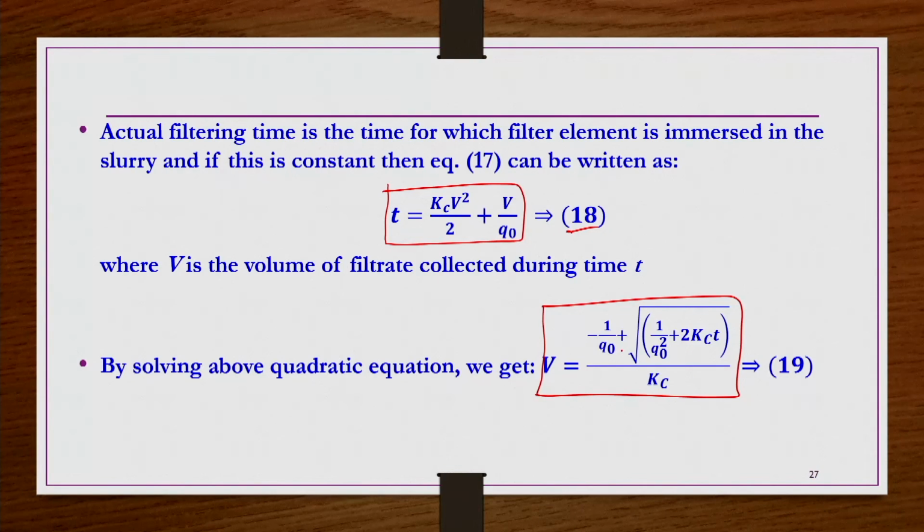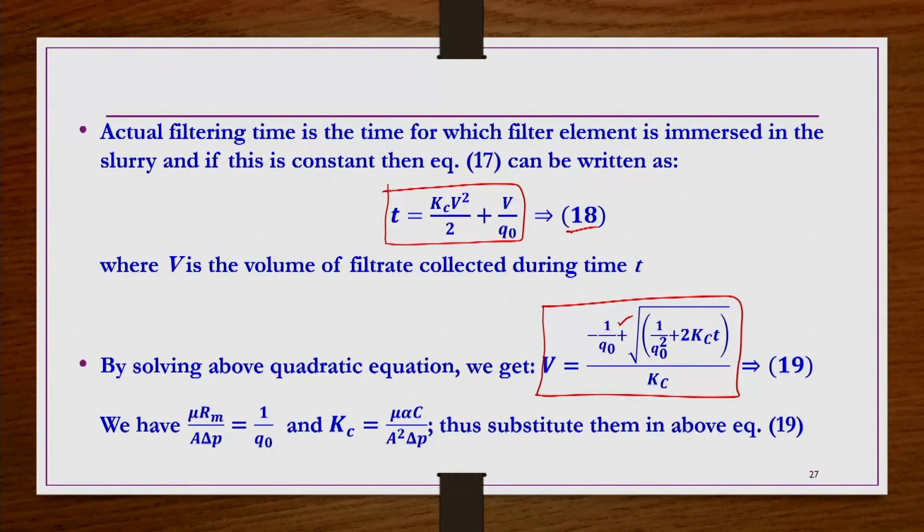This should be plus or minus as per the solution method, but we cannot have a negative volume of filtrate, so it has to be plus now. If both are minus, then it is going to be negative. That is not possible in a real situation. That is the reason that though it is minus b plus or minus square root of b square minus 4ac by 2a, we have taken only plus here.